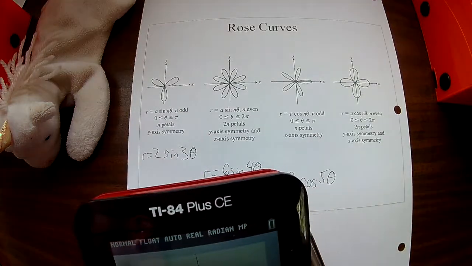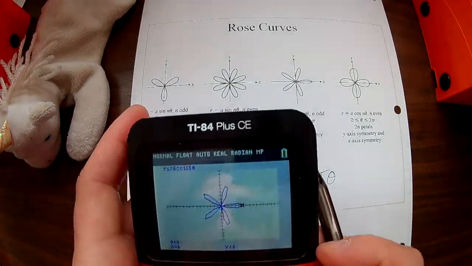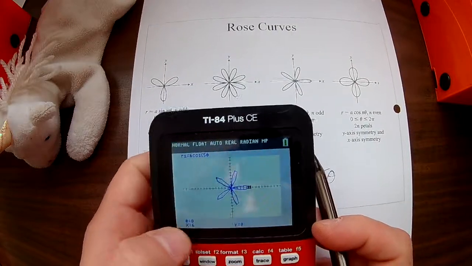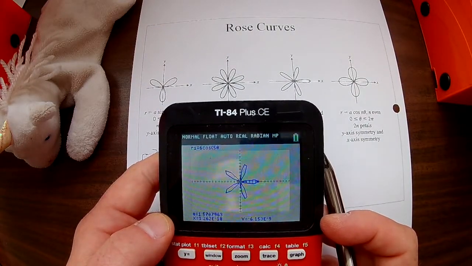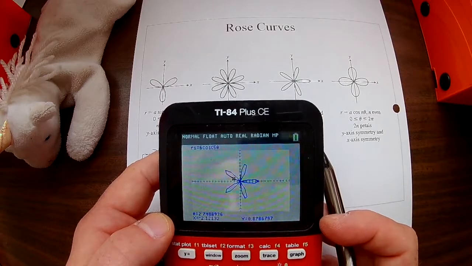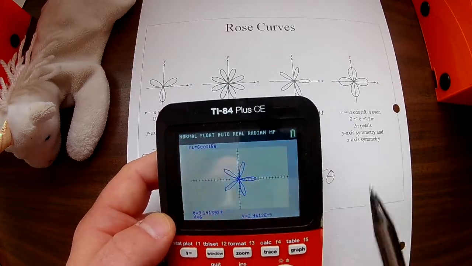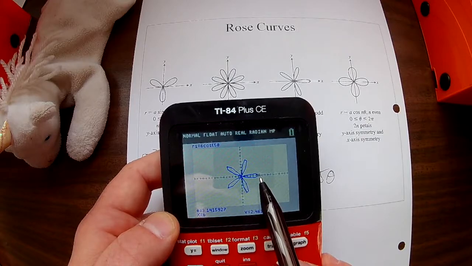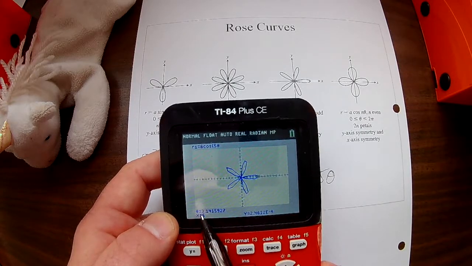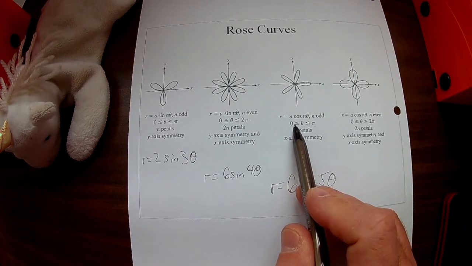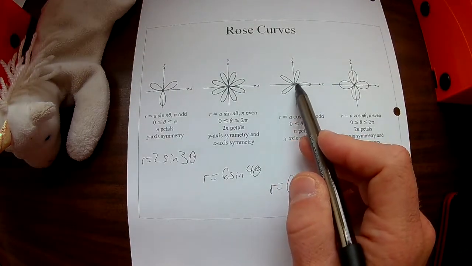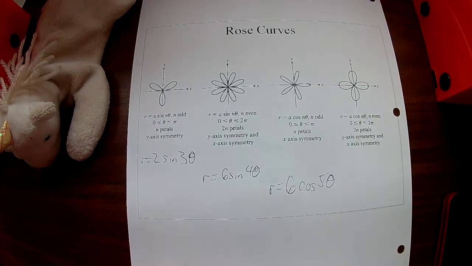I'm going to go to my trace, and I'm going to figure out where it goes back to that. So I'm going to traverse it. Okay, so there's 3 petals, 4 petals, 5 petals, and I've gone through my 5 petals there, and I'm back at the original starting location. That was 3.14. So you can actually see the domain for one unique iteration of this rose curve is from 0 to pi.